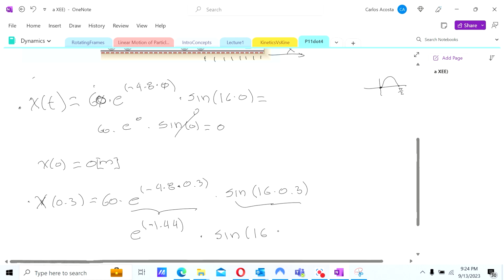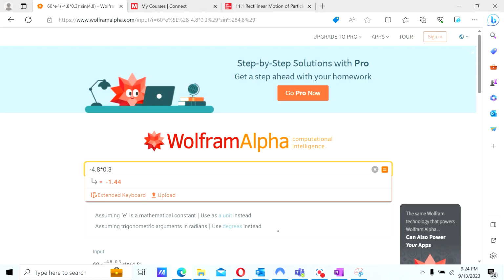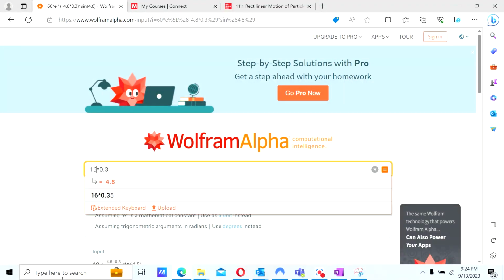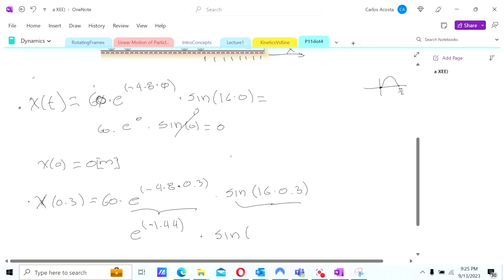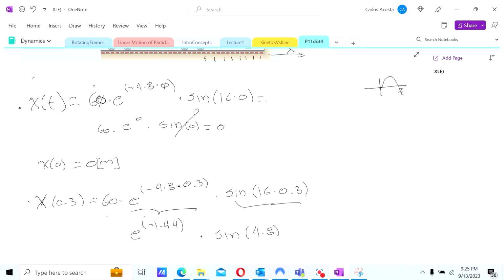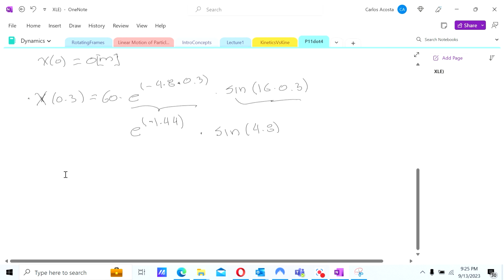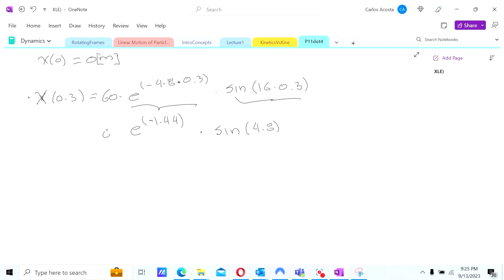Let's do this first: what is 16 times 0.3? It's 4.8. Now what we have to do is multiply 60 times that.